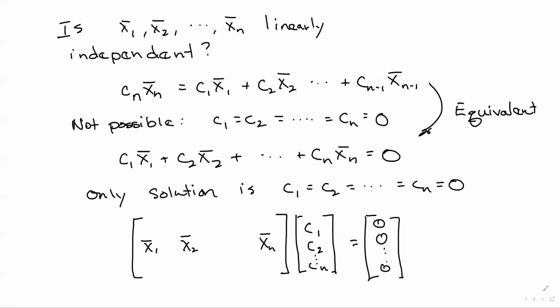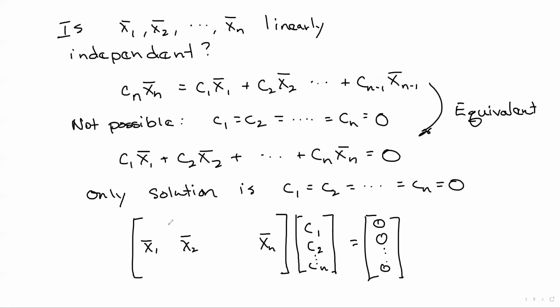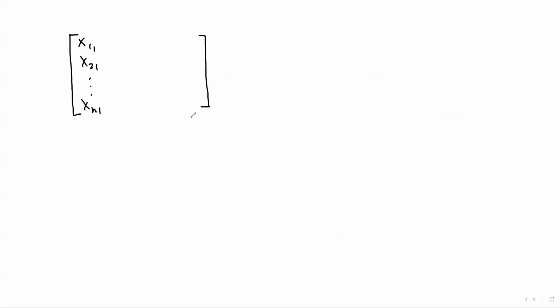Right. So x1 has n elements, so that would be x11, x21, ... through xn1, and then the next one, x2, would be x12, x22, ... through xn2.